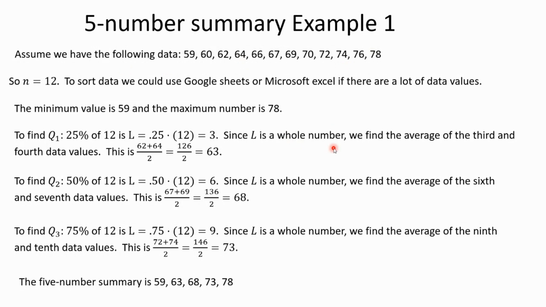But because it's a whole number, we have to get another mean. So we get the 3rd and 4th data value, which is 62 and 64. If you take their mean, their average, you get 63.